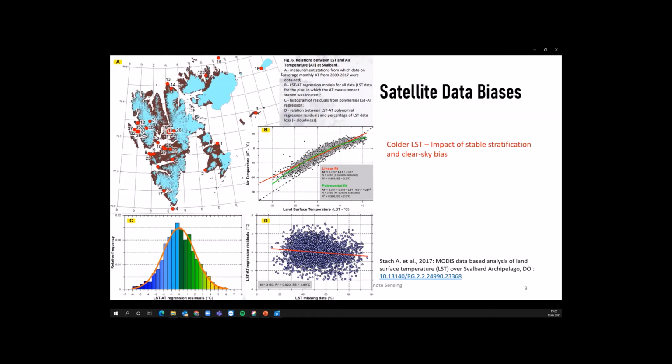The bias could be explained by negative surface heat balance under clear sky atmosphere that leads to strong surface cooling and formation of surface-based temperature inversions, where temperature jumps by a few degrees over the first meter of air.